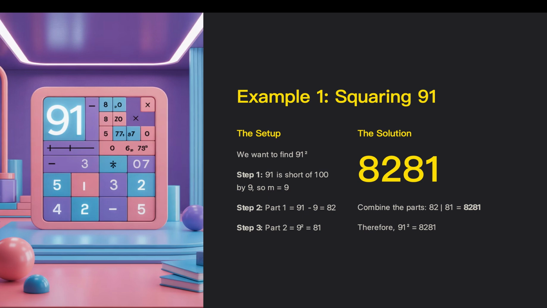And third step is the second part of the result, which is the difference 9, which is m square. 9 square is 81. So I have both the parts ready, 82 and 81. I just have to place them side by side, giving a result 8281.